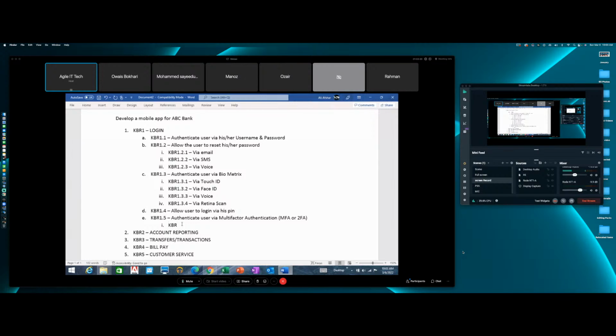So 1.5.1, right? Token, right? Correct. It's called via digital token. But it was weird. I didn't know she had to do it every time. Yes, because it changes every 30 seconds.